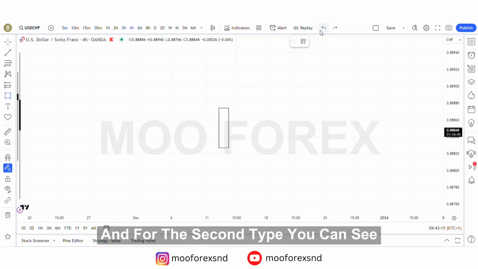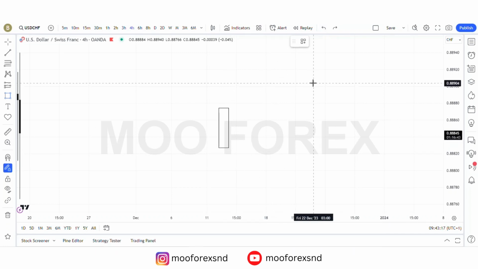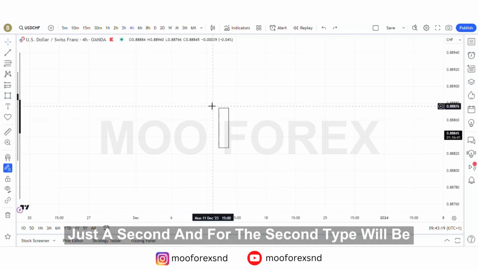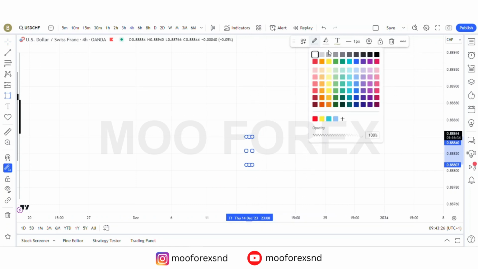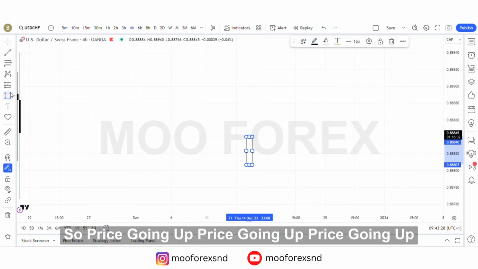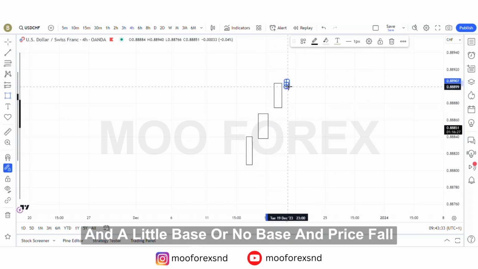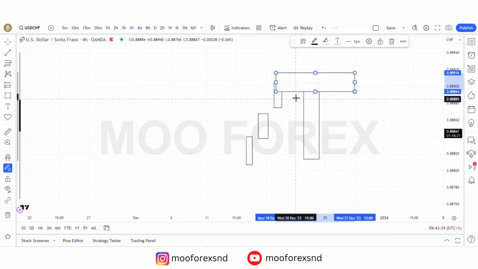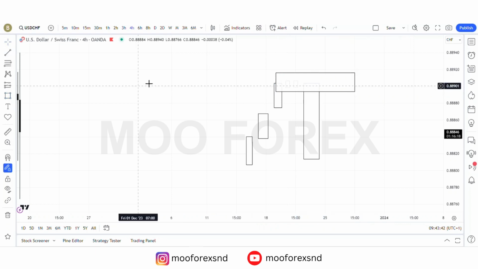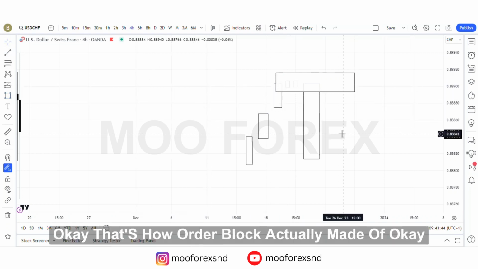And for the second type, you can see, price going up, price going up, price going up, and a little base or no base, and price falls. So that will be our order block. That's how an order block is actually made.